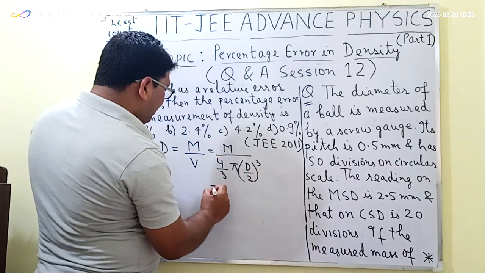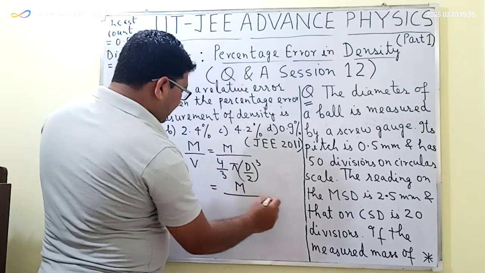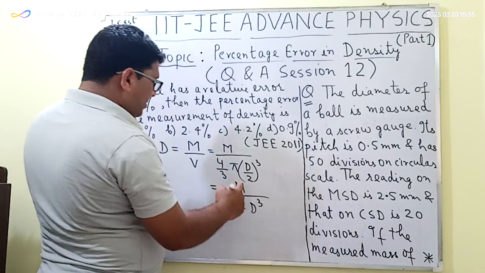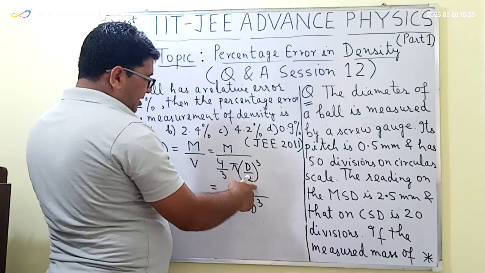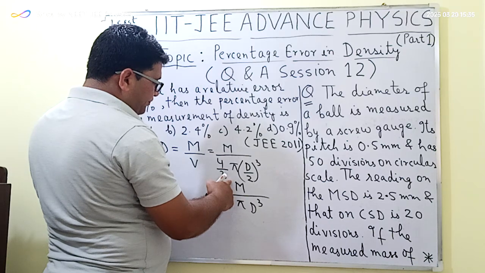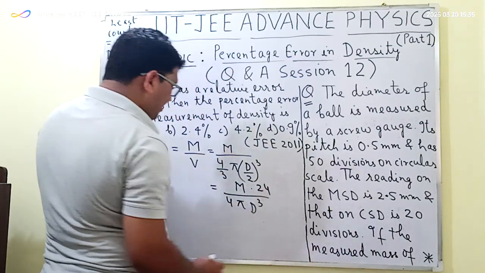So the density will be equal to m divided by 4 pi d cube upon 8, that is 2 into 2 into 2, which is 8, into 3, that is equal to 24.